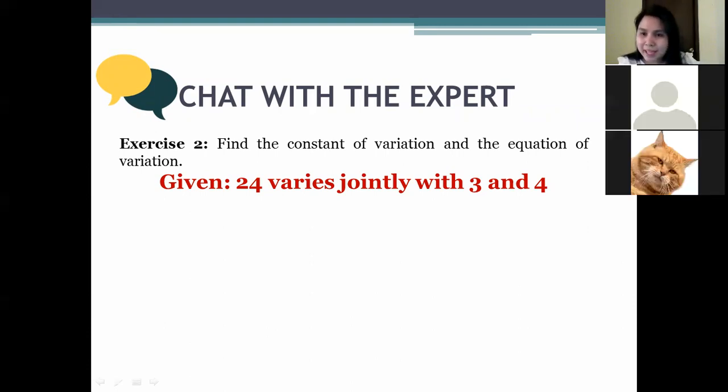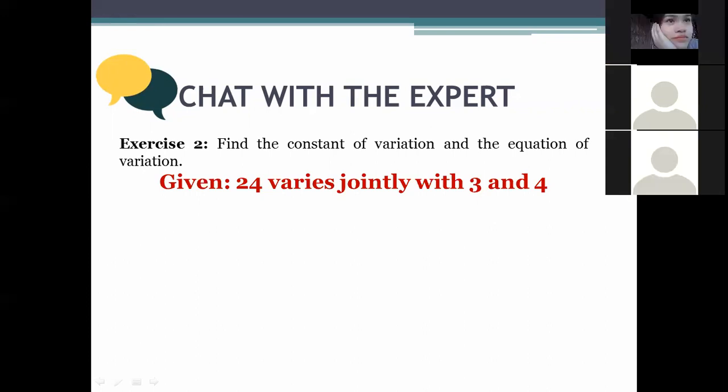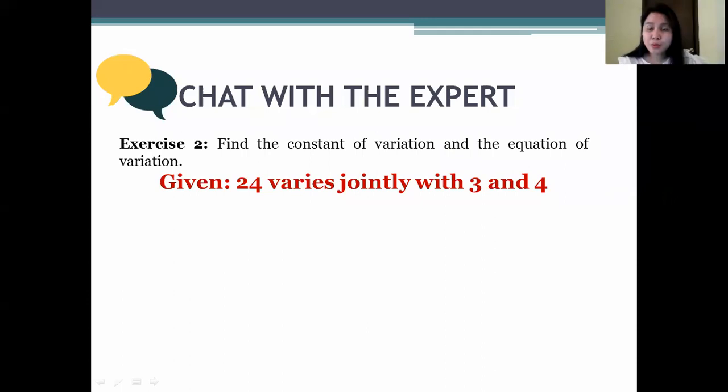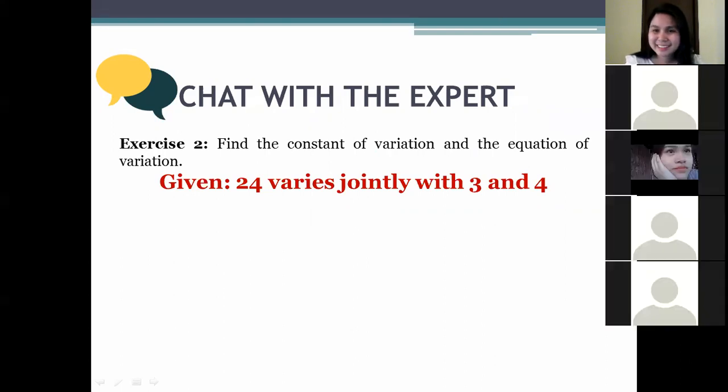Now, may I ask Ahava, how will you write the equation first? 24 varies jointly with 3 and 4. Where's Ahava?